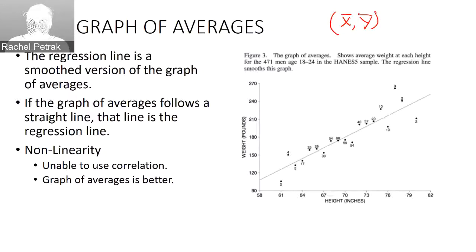Because remember, when we have a nonlinear relationship, we can't use the correlation. We can't use the regression line. So what do we do if we do have a nonlinear relationship? There are many options, but for our purposes in this class, we're going to just say, if it's nonlinear, we're going to rely on the graph of averages.